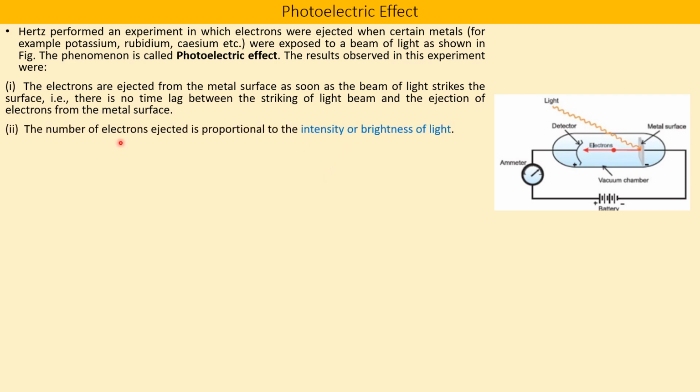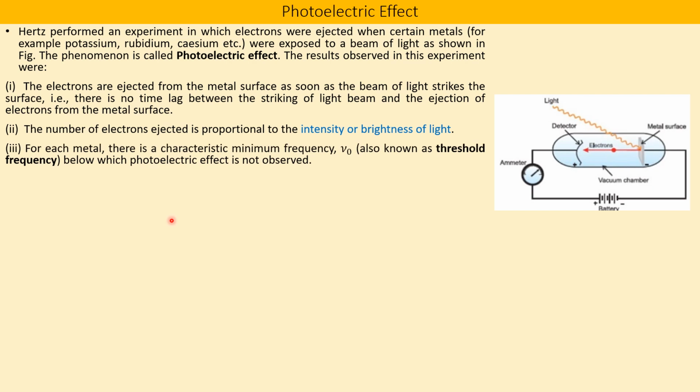Second, the number of electrons ejected is proportional to the intensity or brightness of the light. Third, for each metal there is a minimum frequency, called the characteristic frequency or threshold frequency, below which the photoelectric effect is not observed.